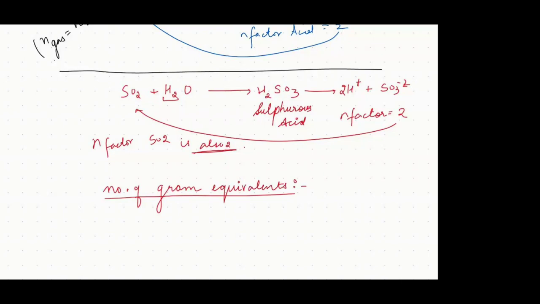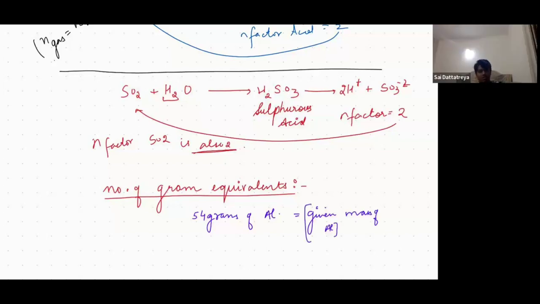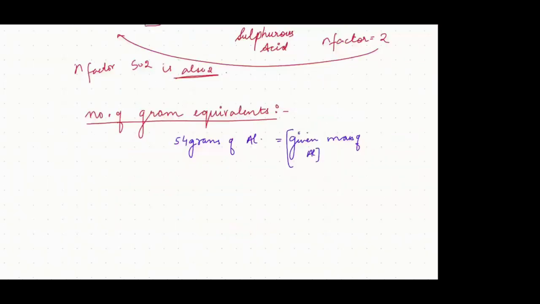Let's suppose I have 54 grams of aluminium, and that is my given mass. I have just taken any mass of aluminium. That is a given mass of aluminium. So when it is just the given mass of aluminium, what exactly does that mean?